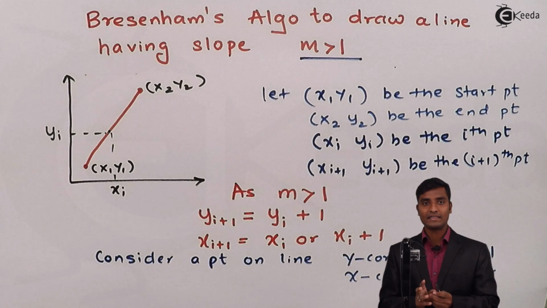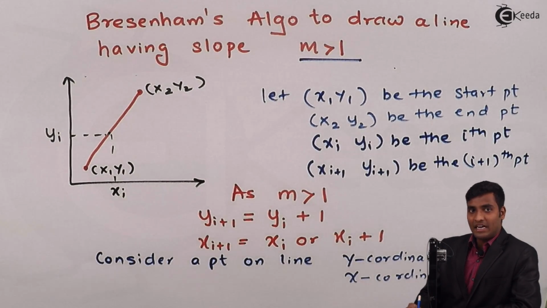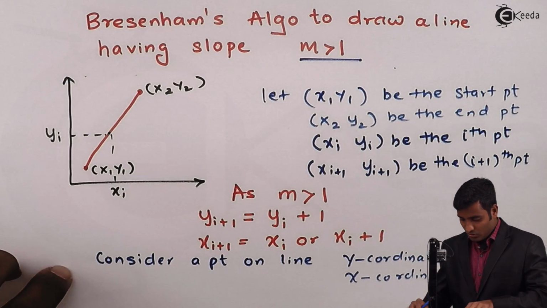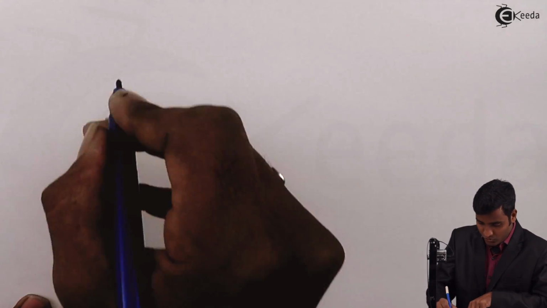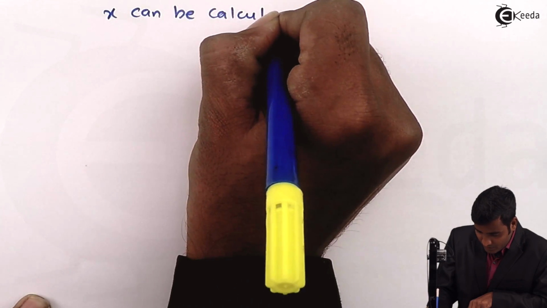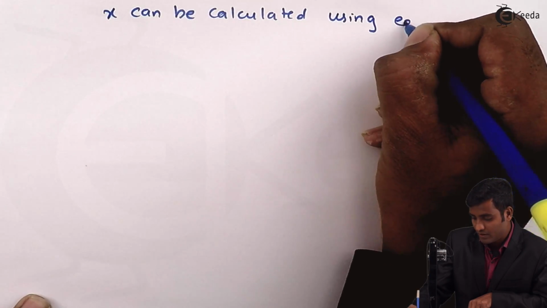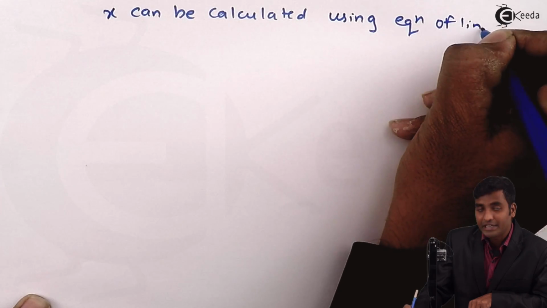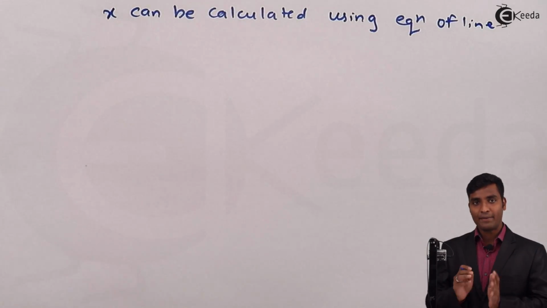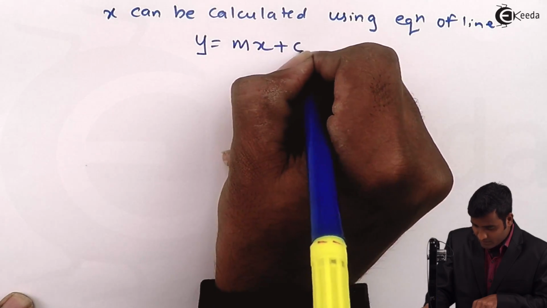So for calculating this unknown value of x, x is calculated by the equation of line. So x can be calculated using the equation of line, that is y equal to mx plus c.